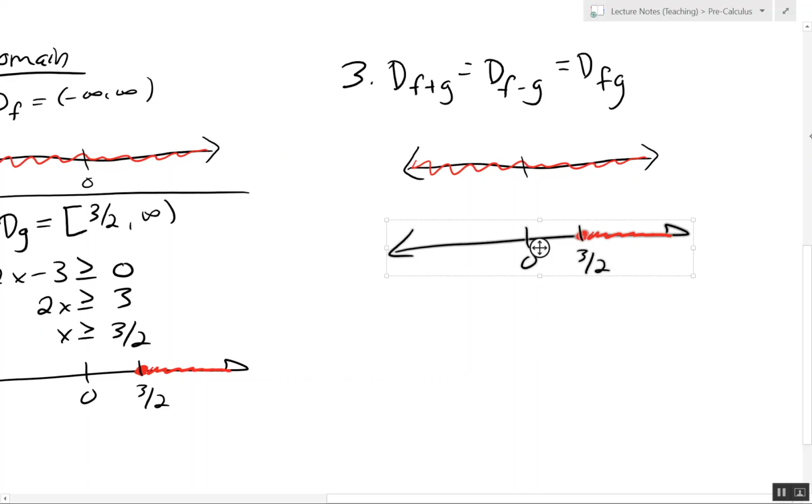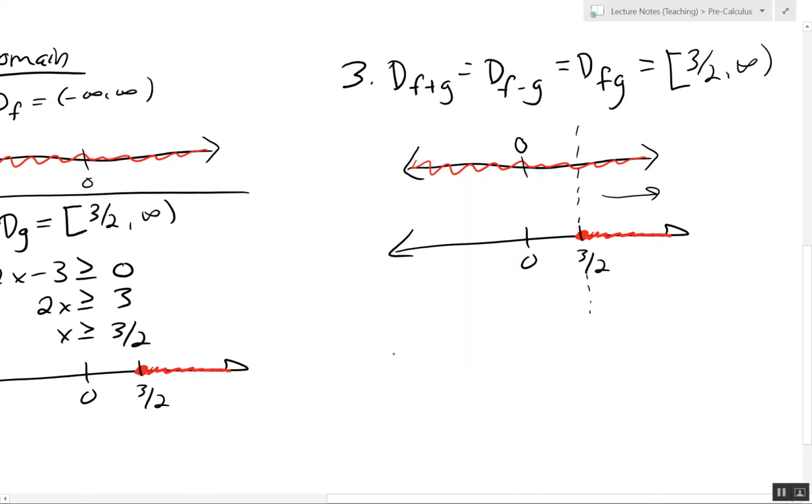And this was 0 to begin with. And so we want to ask, where did we color in red in common? Notice that we only colored in red in common from 3 halves and everything greater than 3 halves. So our domain is going to be everything in common in both, so that would be 3 halves, comma, infinity.